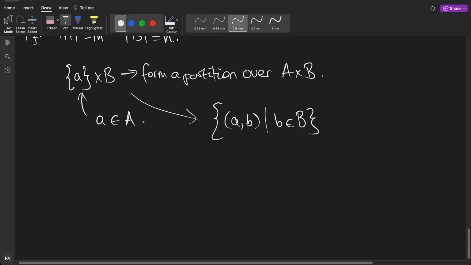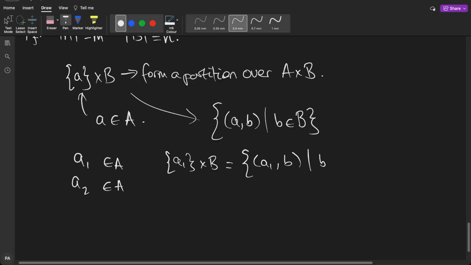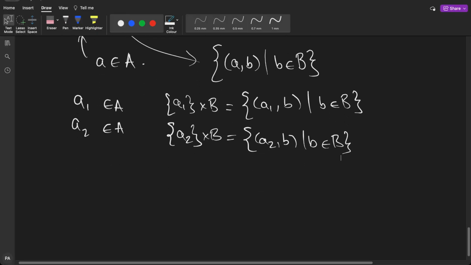For example, if we had some different a1, a2 in A, this a1 times B is the set, and this one.